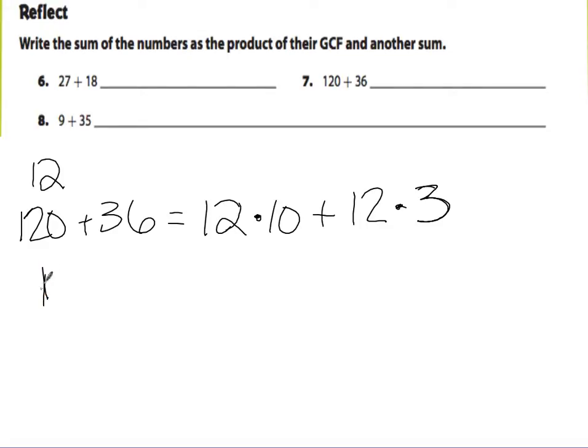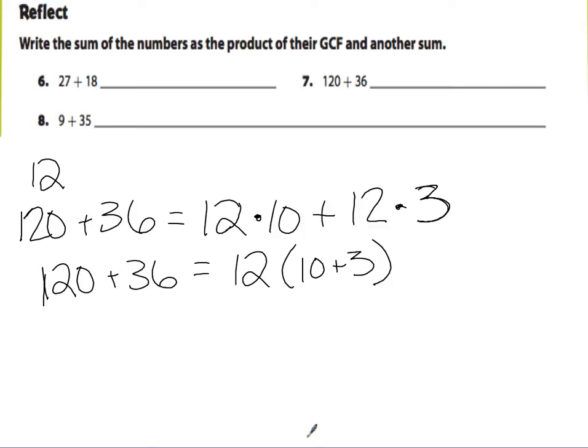So 120 plus 36 is the same thing as saying 12 times (10 plus 3), which is the same thing as saying 126 is the same thing as 12 times 13.